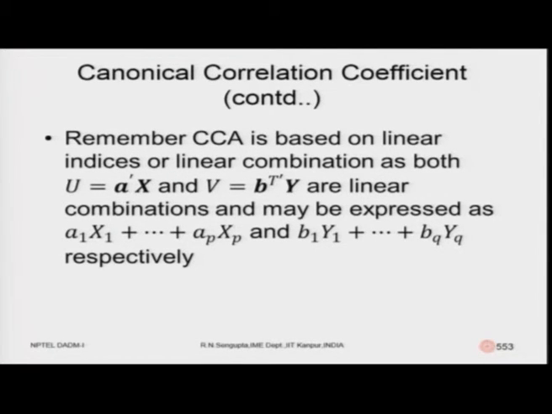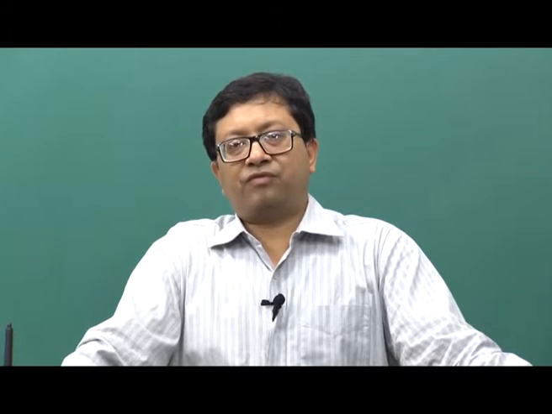So, the canonical correlation analysis method is based on linear indices or linear combinations. As I mentioned, U is formed by a linear combination of A and x, and similarly V is formed by a linear combination of B and y.